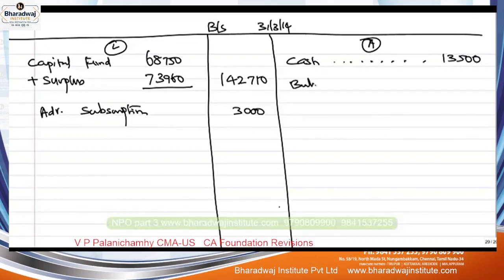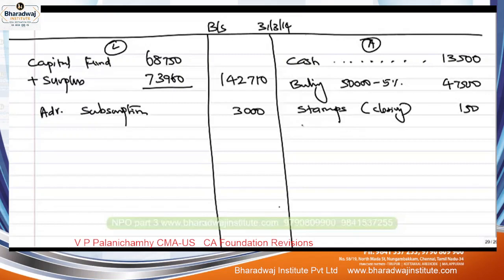What else will come? Building 50,000 minus depreciation 47,500. What else will come in the balance sheet? Subscription due or stamps with the secretary, how much is given?